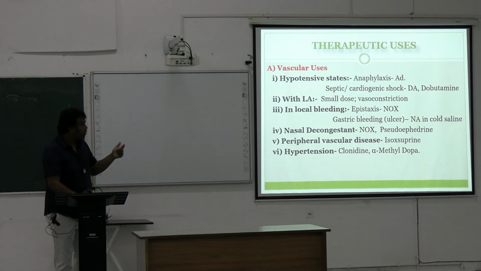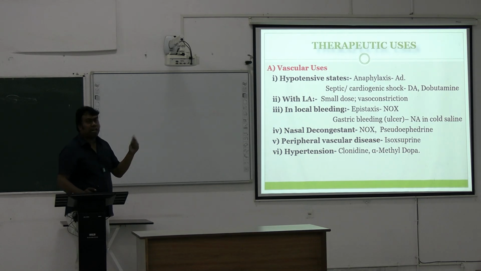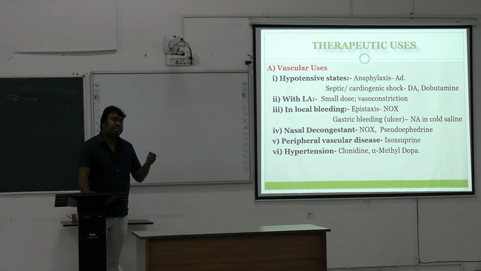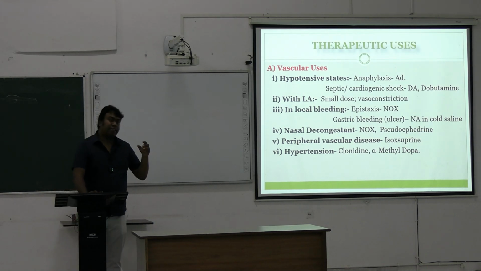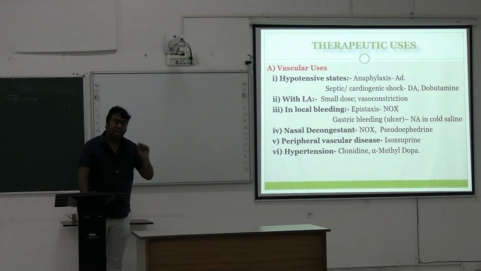Number 1. Number 2, in anaphylactic shock, which drug will we prefer? In anaphylactic shock, there is a contraction of tracheobronchial smooth muscle along with mucosal edema. In this situation, we use adrenaline. We prefer adrenaline because it has both beta 2 action and alpha 1 action.